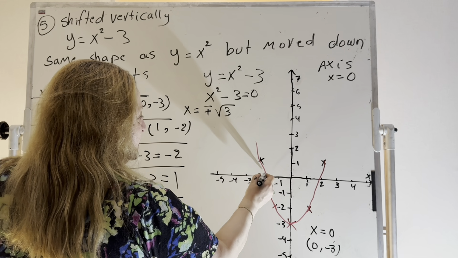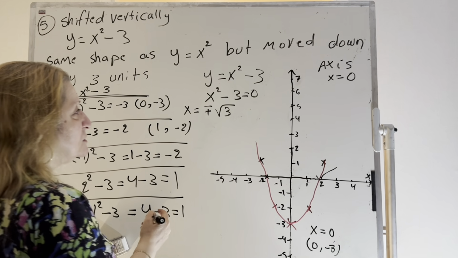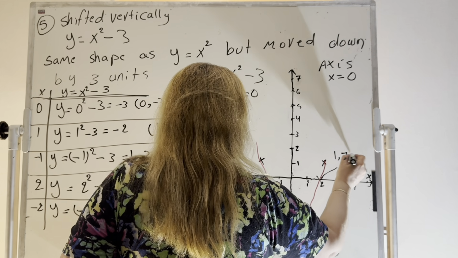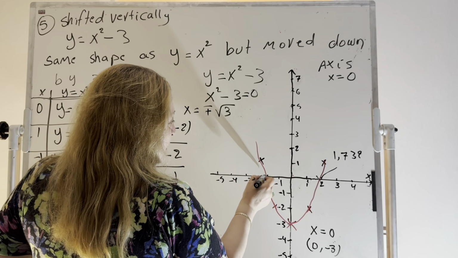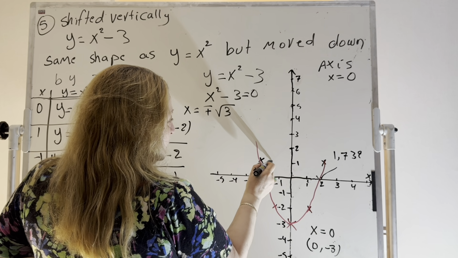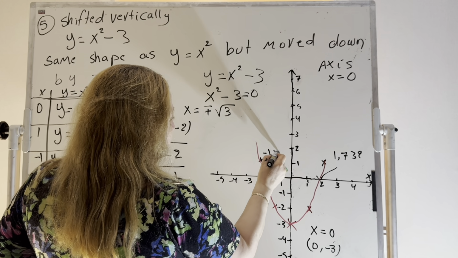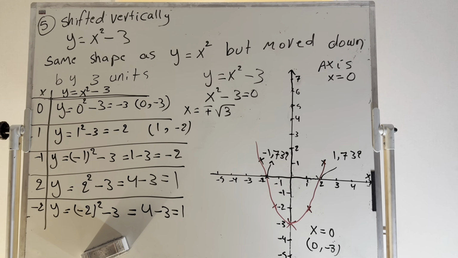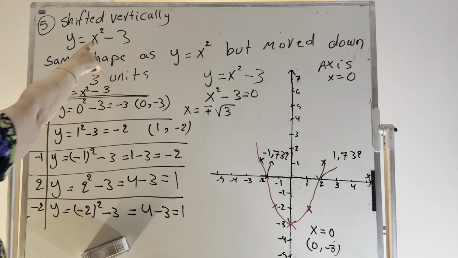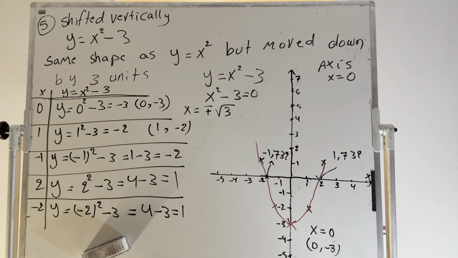The two points here and here are plus root 3, or 1.732, and minus 1.732, or minus root 3. When it's shifted vertically, we see here the constant minus 3 when x equals 0.